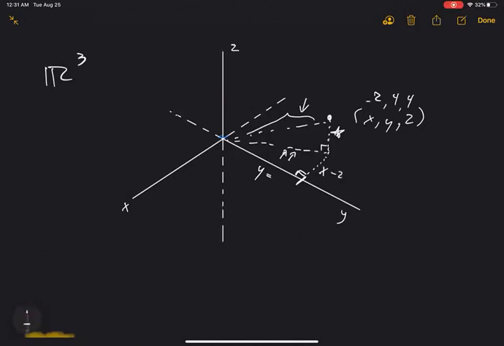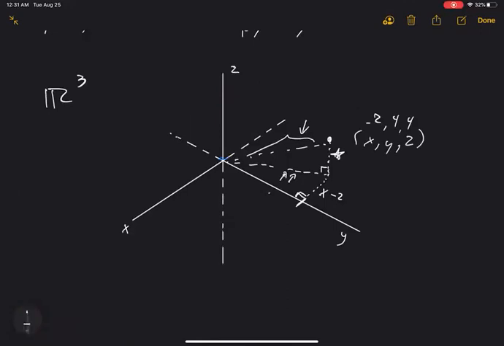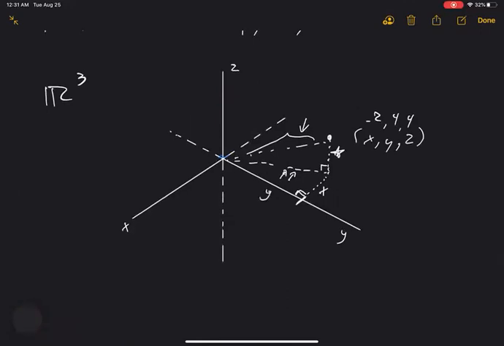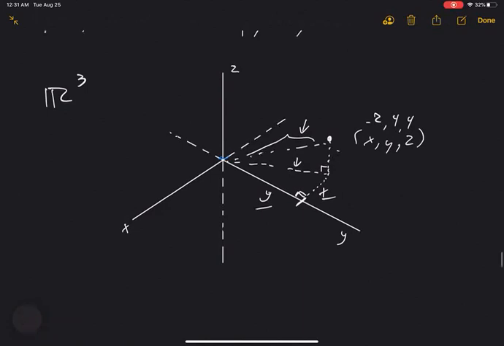If I know my x, y, and z coordinates, I know this length, so I can find this length here by the Pythagorean theorem. And similarly, I can find this length here. That's just going to be my z coordinate. So I know this length, and I know this length here.